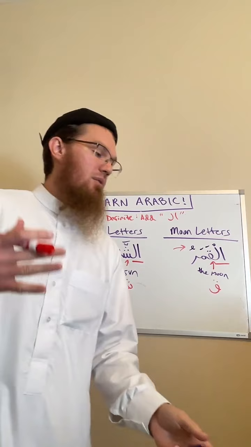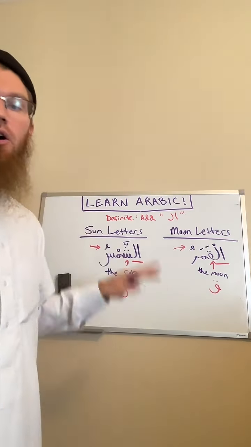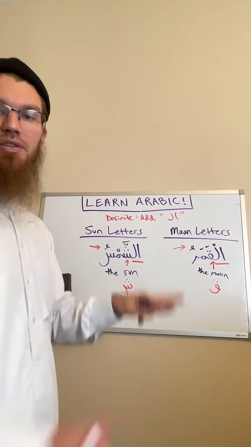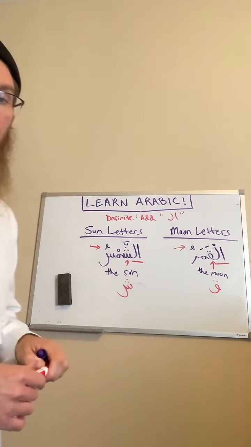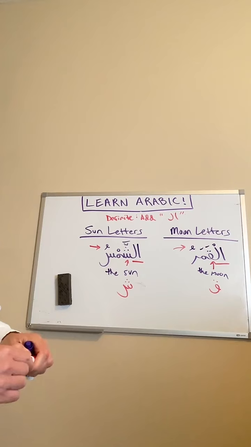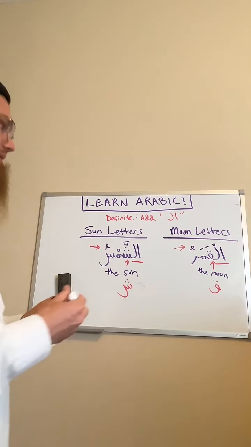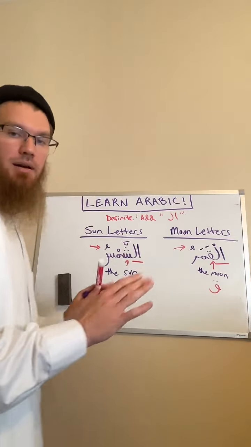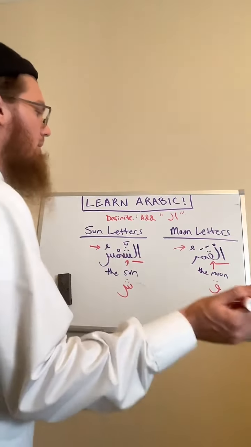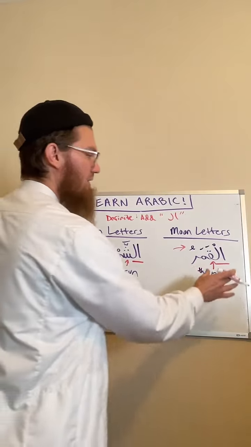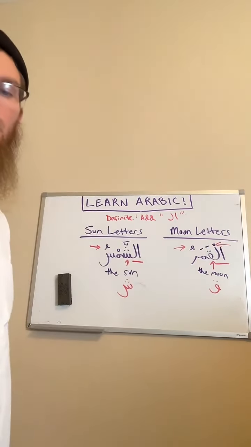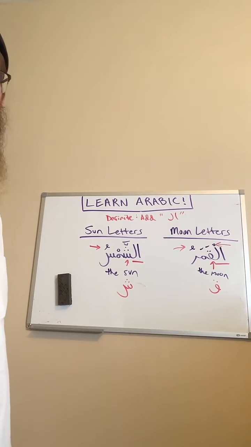And for my students, what I do is I always write the harakat. So if you understand this concept, then all you really need to do is look at the symbols above the letters. Because if it is a moon letter that comes after the definite alif lam, you're going to see a sukoon on the lam.